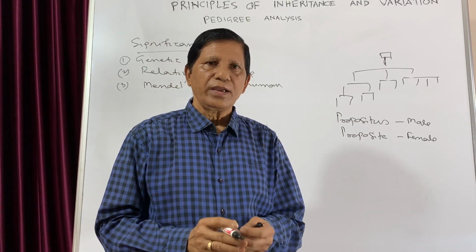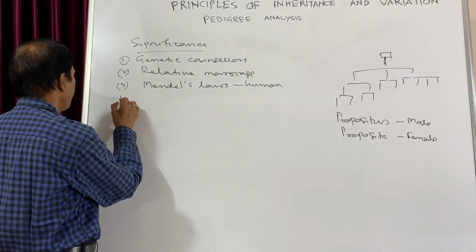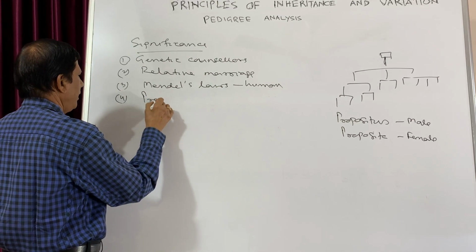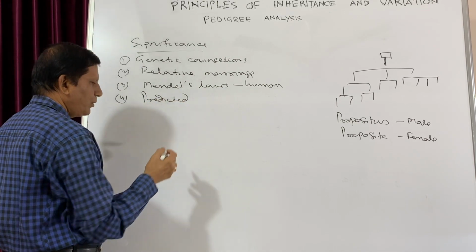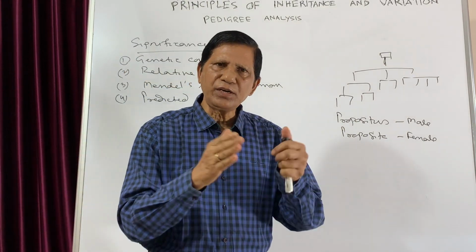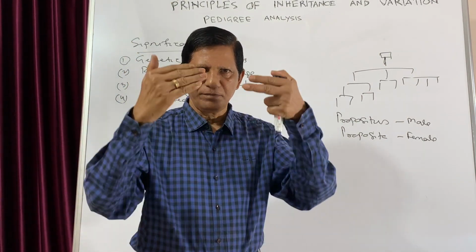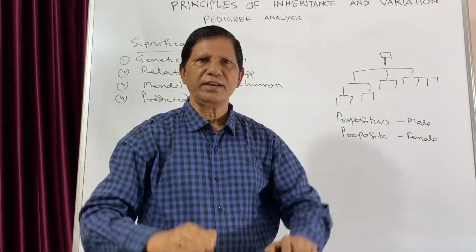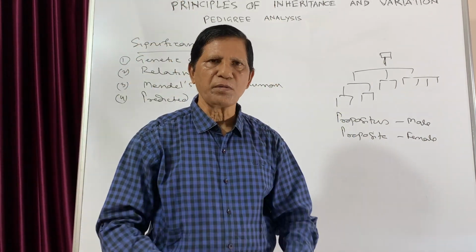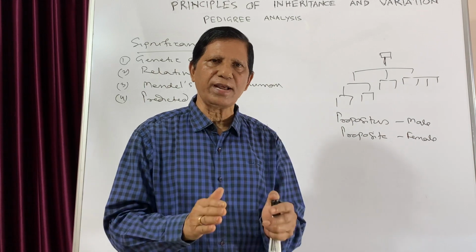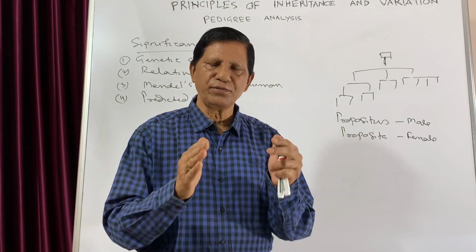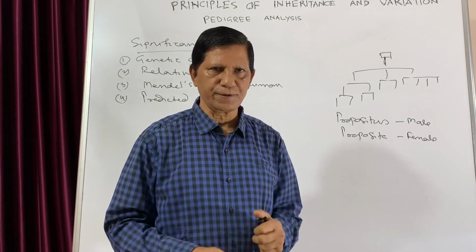Again, it can be predicted. That means when a marriage is taking place between any two persons, from the history of their families it can be known what the probable characters are. So this is the importance or significance of pedigree analysis.